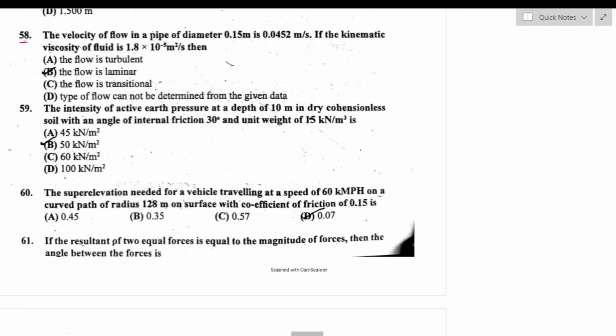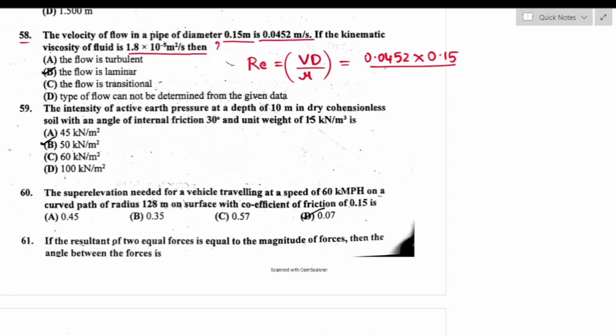Question number 58. If the velocity of the flow in the pipe of diameter 0.15 meter is 0.0452 meter per second, and the kinematic viscosity of the fluid is 1.8 into 10 to the power of minus 5 meters square per second, then the Reynolds number is calculated by the formula Vd by nu, where V is the velocity of the flow, that is 0.0452, and D is the diameter of the pipe, 0.15 meter, divided by kinematic viscosity of the fluid, that is 1.8 into 10 to the power of minus 5 meters square per second.